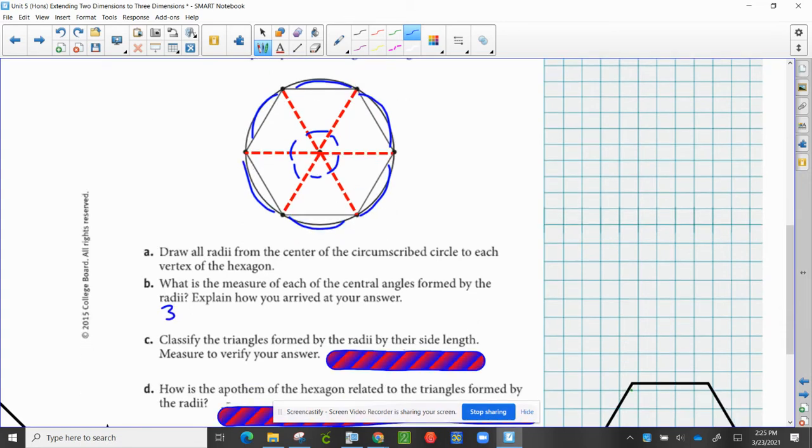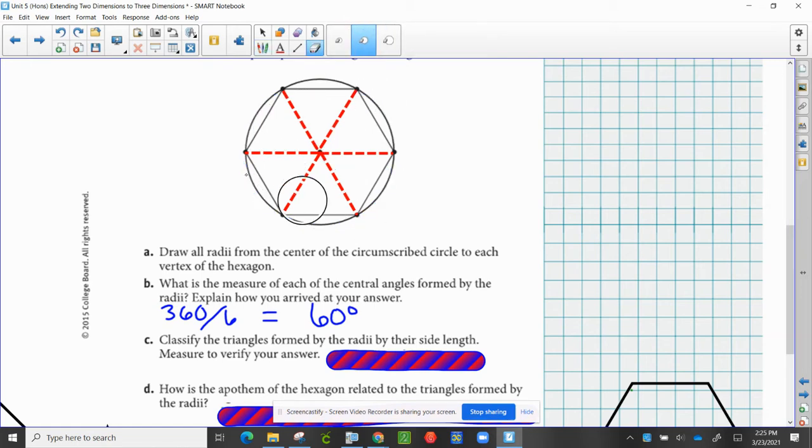Since a whole circle is 360, and we have 1, 2, 3, 4, 5, 6 arcs in our picture, that makes each central angle 60 degrees, because a central angle is congruent to the arc that it opens onto. So each of these is 60 degrees.